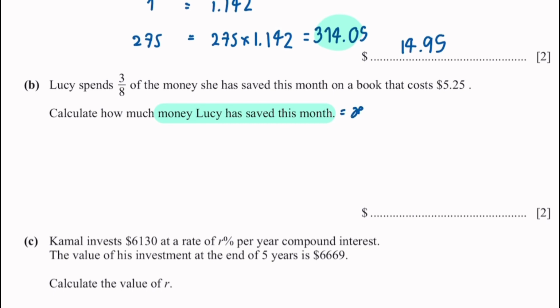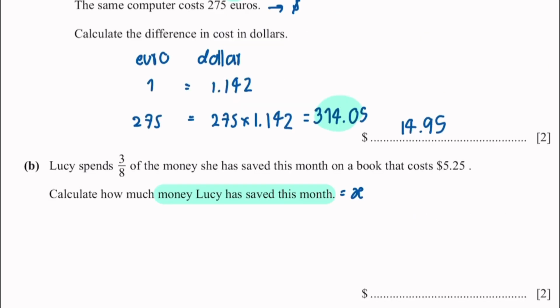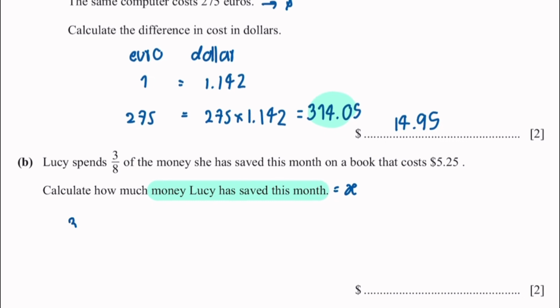Therefore, 3/8 multiplied by x equals 5.25. So x is equal to 14.